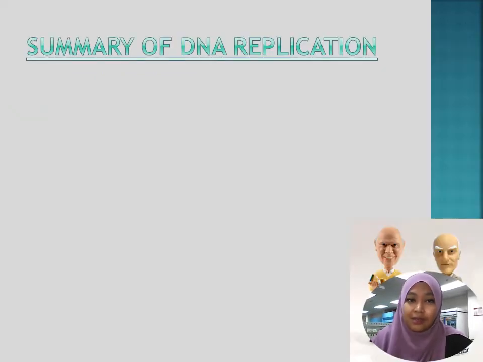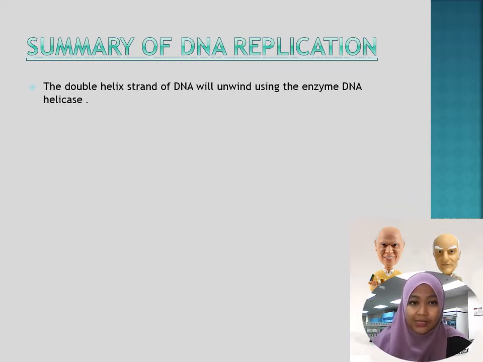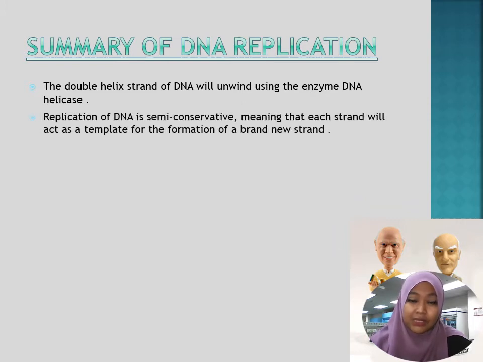Here we have a summary of DNA replication. The DNA double helix will be separated by the enzyme DNA helicase. Replication uses the semi-conservative model, meaning that each strand acts as a template for the formation of a brand new strand.